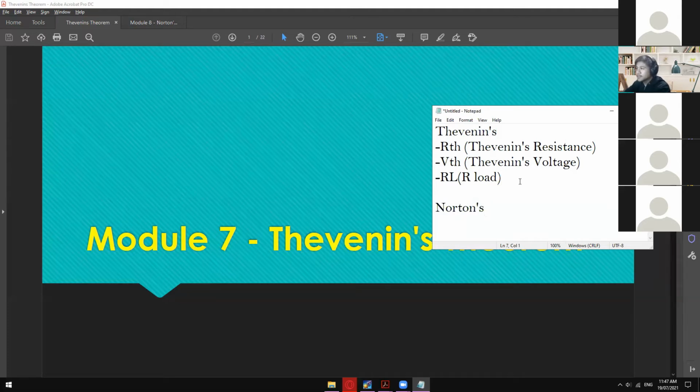So the counterpart of VTH in Norton's, we call that one IN, or I Norton exactly, but just make it short as IN. Not "in", but IN or I Norton. This one is the Norton's current.